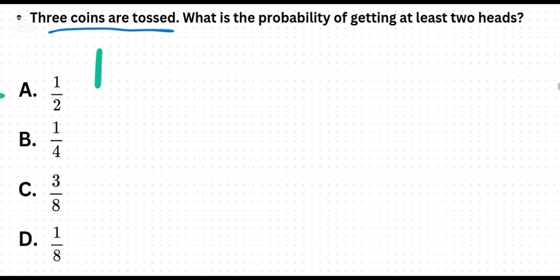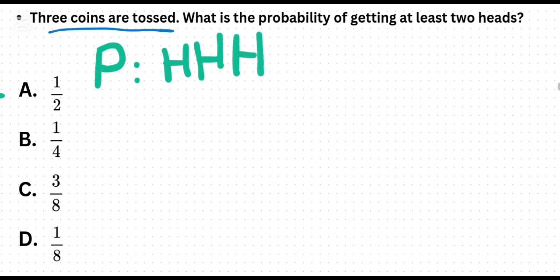So the possible outcomes would be: head, head, head, right? The second is head, head, tail.